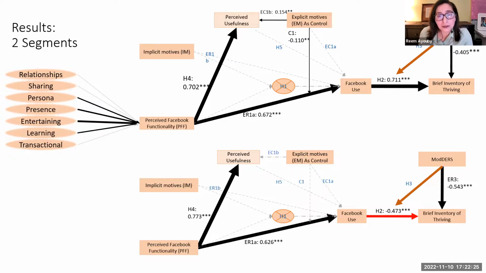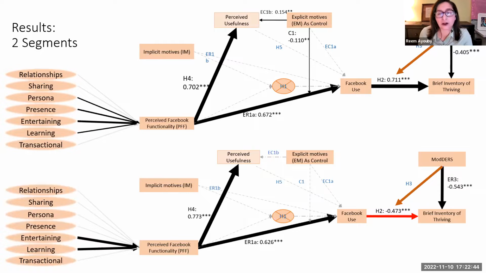But with the people who end up with positive impacts from their Facebook use, their perceptions tend to be spread out along these dimensions. But with the other group, they're really focused on two dimensions, entertaining and learning. And they're maybe overestimating how useful Facebook is for learning and for entertaining, because it's obviously not giving them very good outcomes.